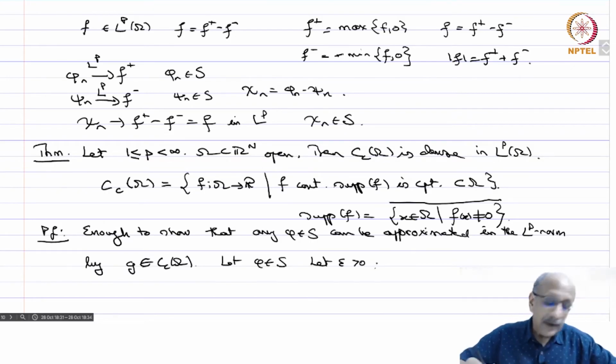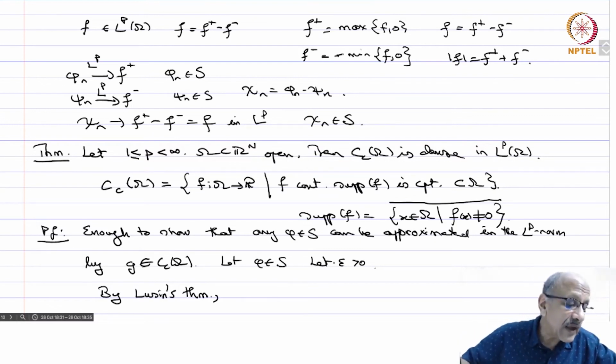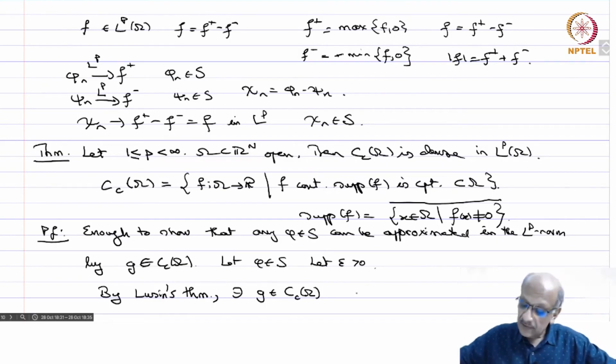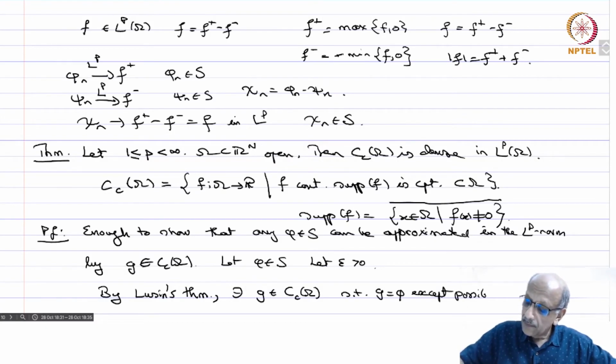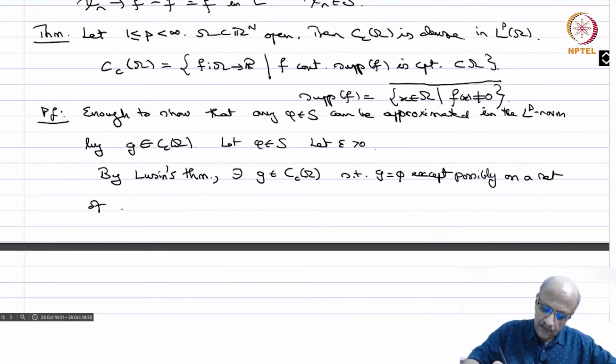Okay. So then by Lusin's theorem, which is a theorem in measure theory, there exists G in Cc of omega, so a continuous function with compact support, such that G equals phi except possibly on a set of measure less than epsilon.